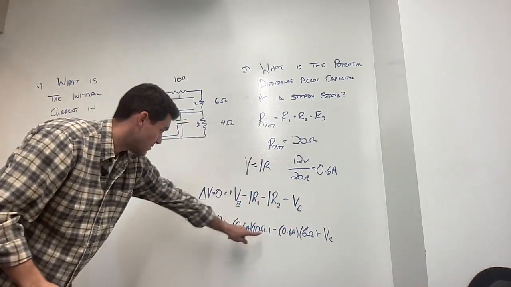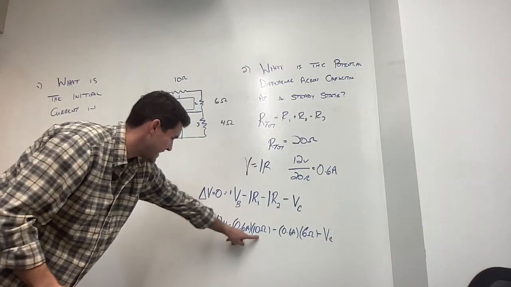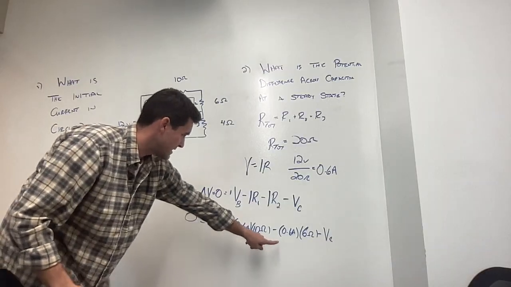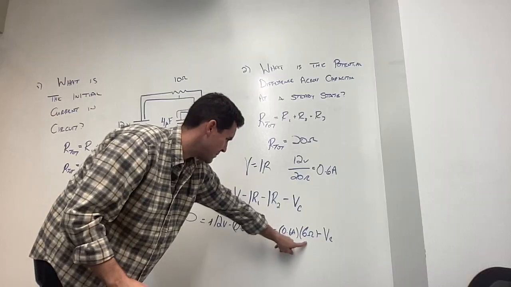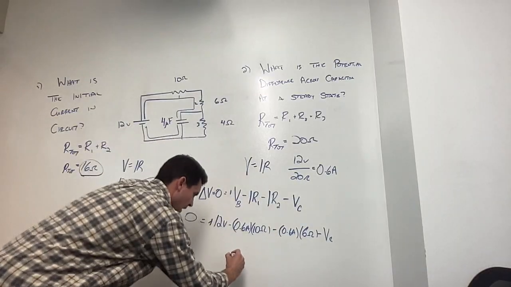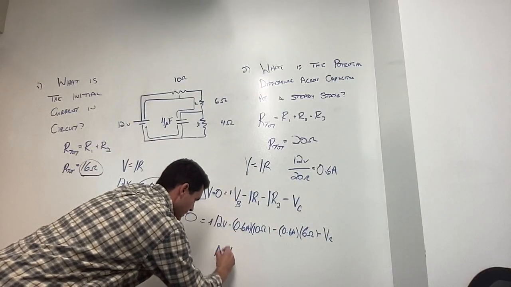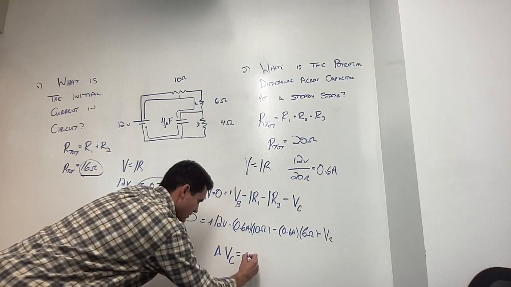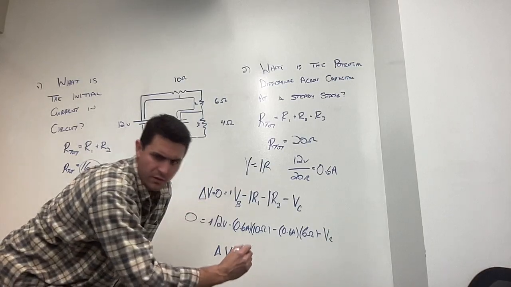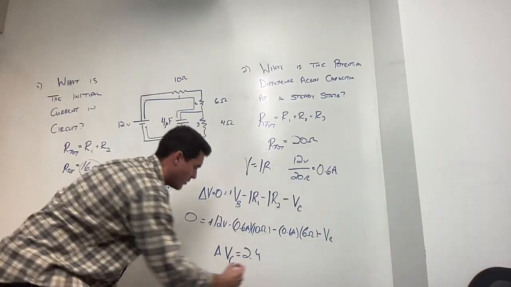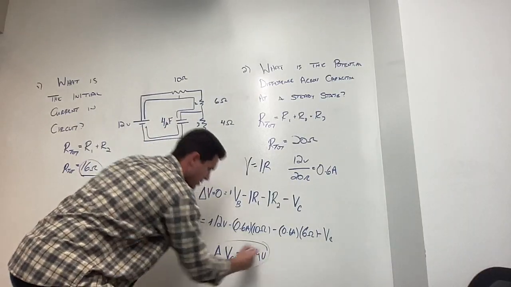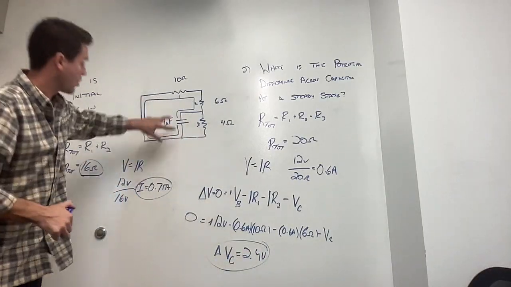Now, I plugged this all in my calculator. This is like 6 volts. This is like, I don't know, I think it's 3.6 volts here. So the remaining, I get the potential difference, or the drop at VC, is equal to 2.4 volts. That is the potential difference across that capacitor.